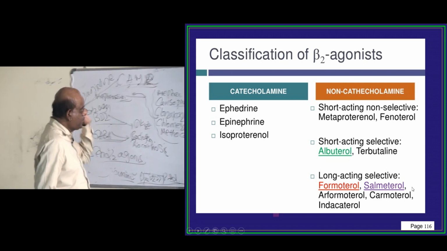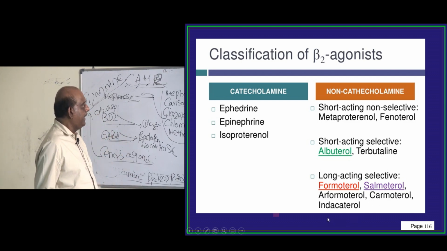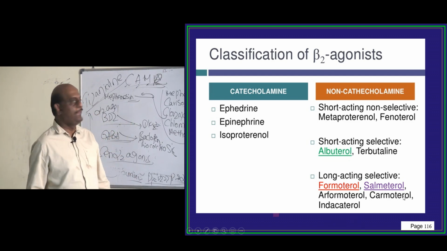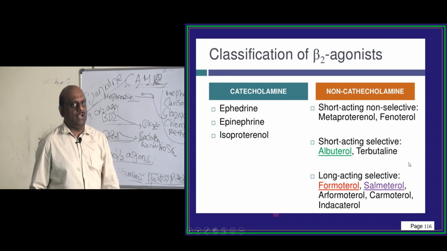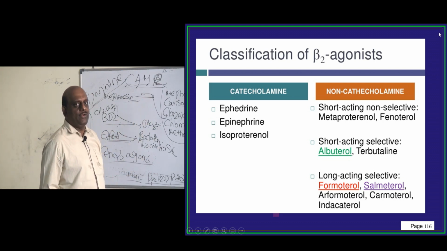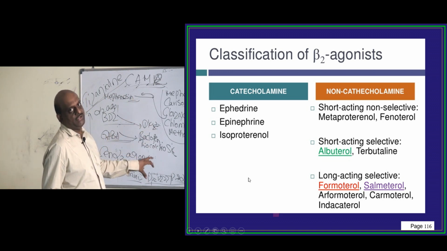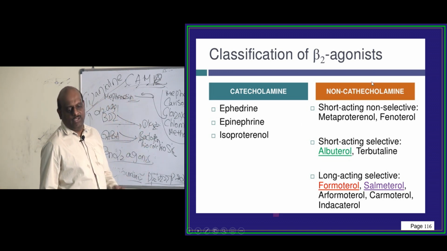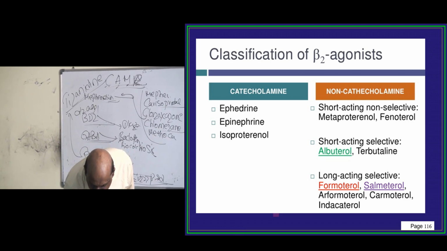Formoterol and salmeterol, arformoterol, carmoterol, indacaterol, they are all considered to be long-acting, selective LABAs, is what you need to remember. Then, what are the catecholamine beta 2 agonists? Ephedrine, epinephrine and isoproterenol, they are all catecholamine by structure and beta 2 agonists is what you need to remember. So, this is one table you have to be very sure about.